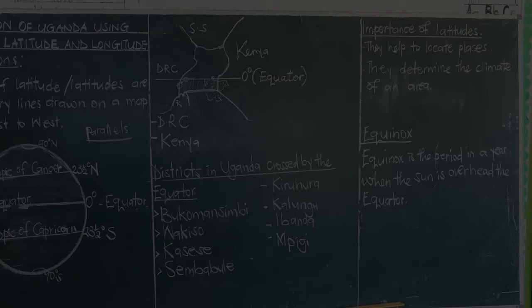Imaginary lines drawn on a map from north to south, which means if we are going to have our globe represented in this way still, we are now going to have, instead of having these lines drawn from east to west, these ones from north to south, which means here still we are going to have the major one, which divides this also into 2 equal halves.